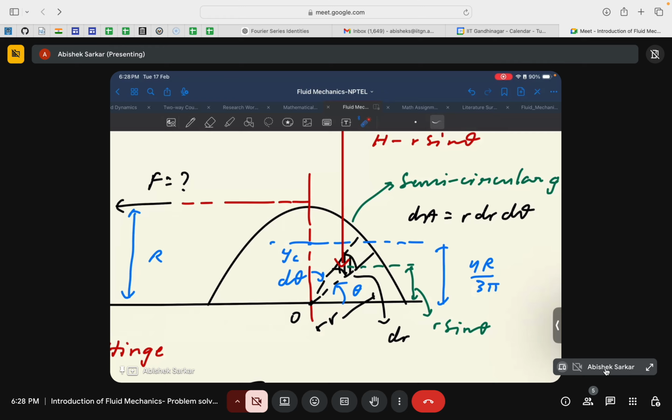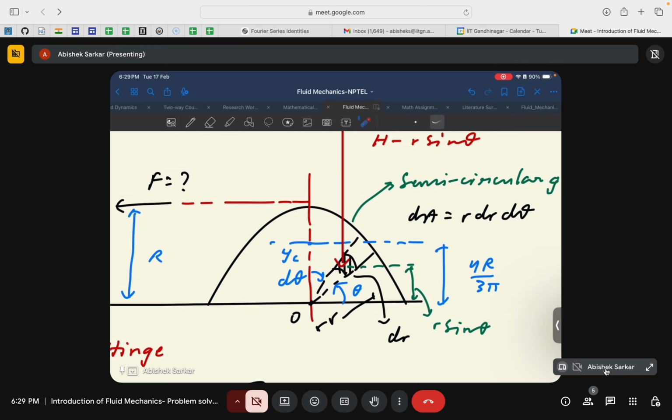So the area of this curved surface can be evaluated as length times breadth. This length is dr and this is r d theta. So the elemental area would be r dr d theta. That's how we find the elemental area.